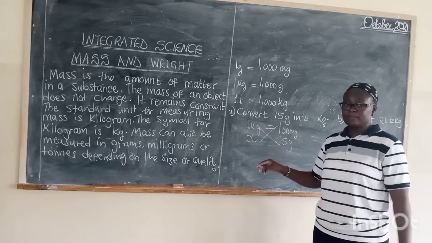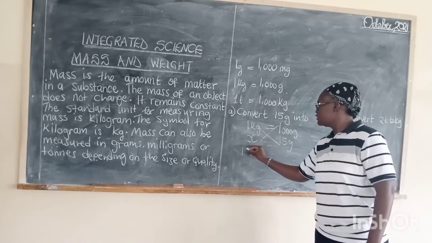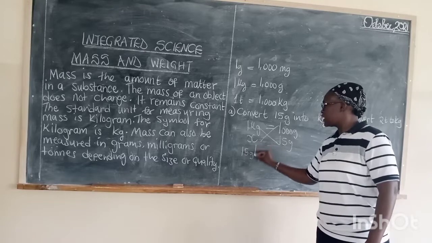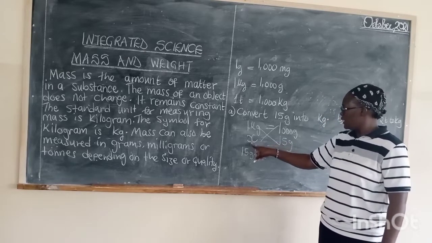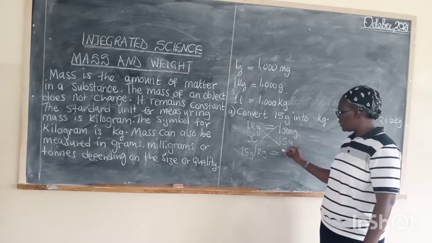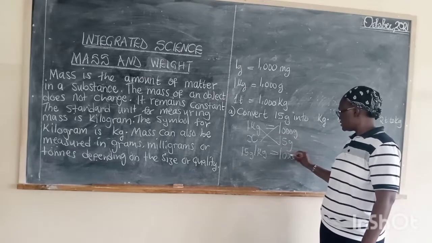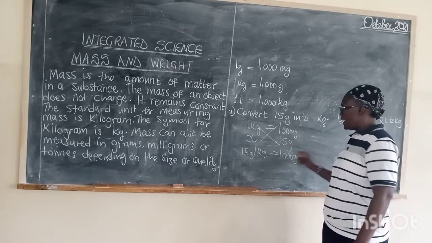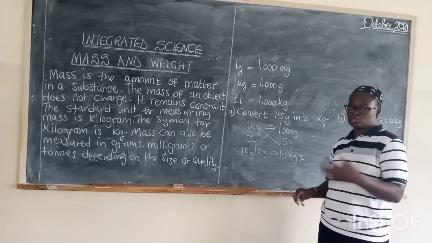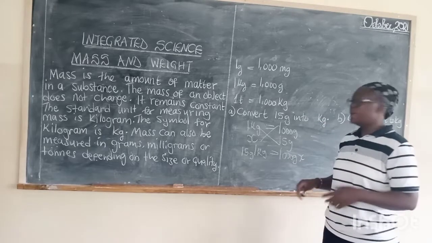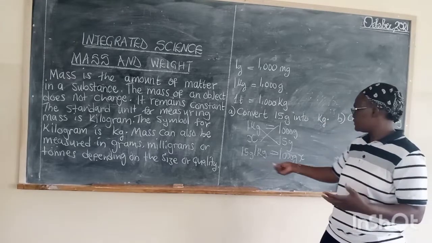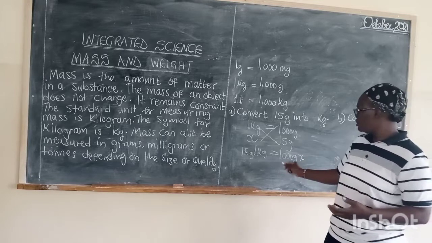So this one will be 15 grams times 1 kg is equal to x times 1,000 grams, which is 1,000 grams x. So why I'm putting the units is just to show you how we end up with a kg, because that's what I've been asked. Now in mathematics, when you have this kind of scenario, you need to divide.